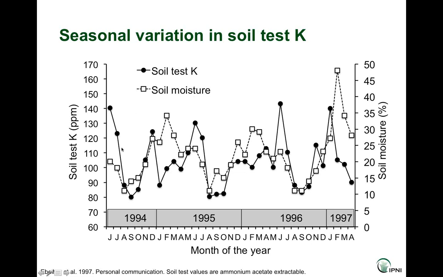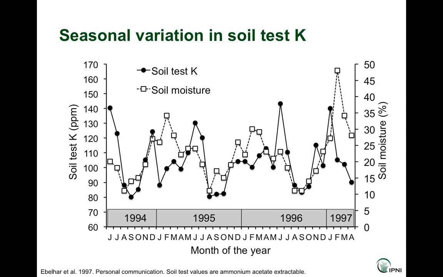And you can see that in general, when the soils get drier at this location, the soil test potassium level also went down, or the soil test K reading, I'm sorry. As the moisture level increased, soil test K results increased, became greater.